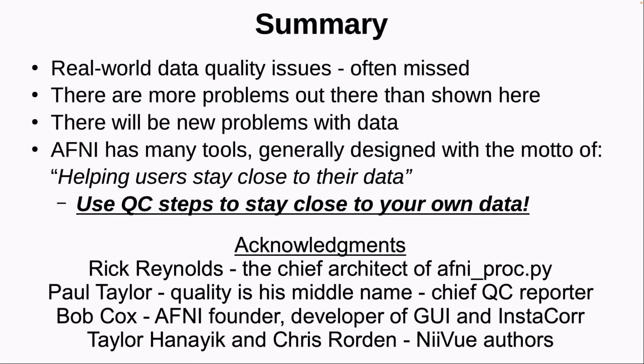There are many, many more that we've seen, and then there will be new problems that we haven't seen yet. And if you're following our mantra of helping users stay close to the data, you will be a step ahead of that. So use these kinds of QC steps to stay close to your own data.